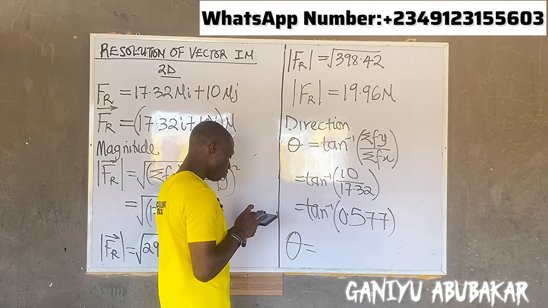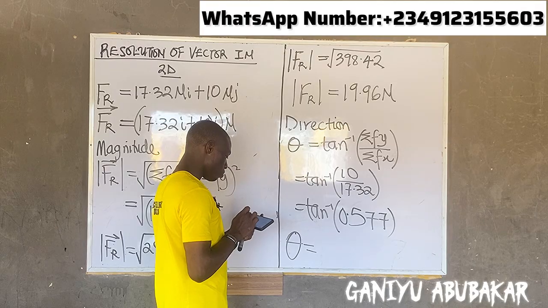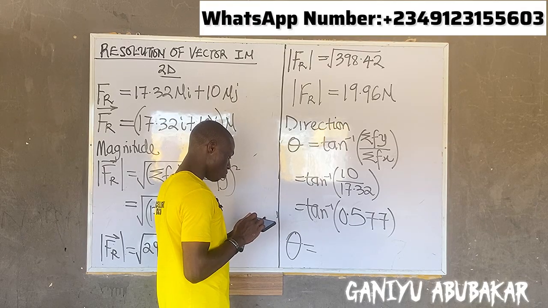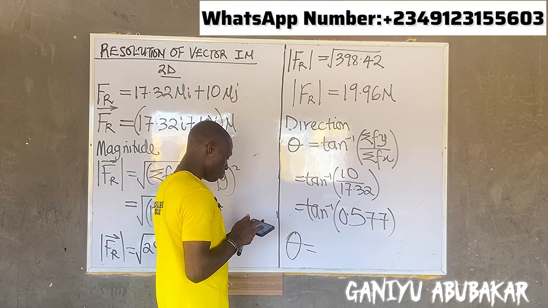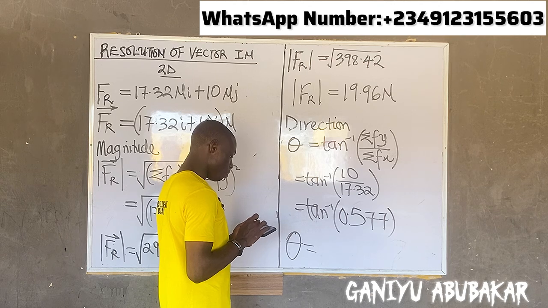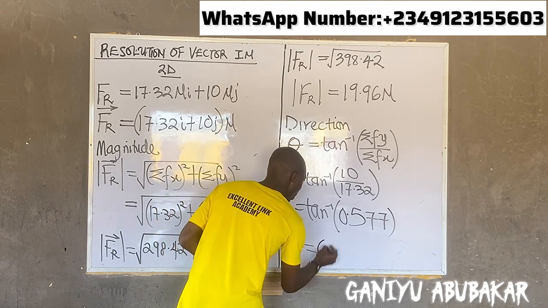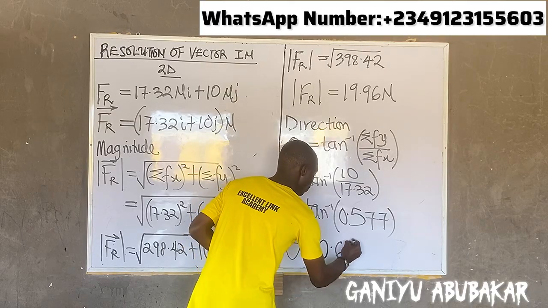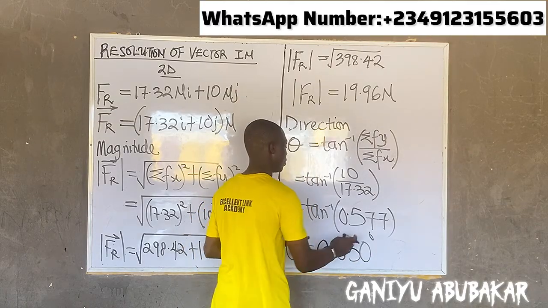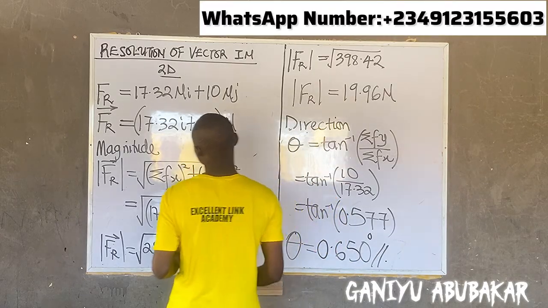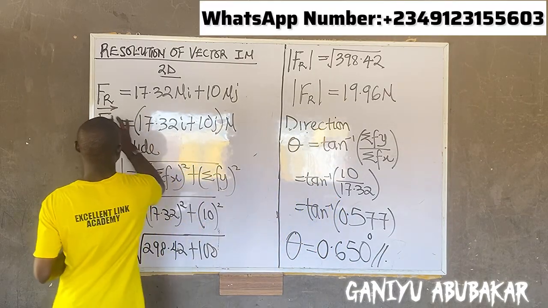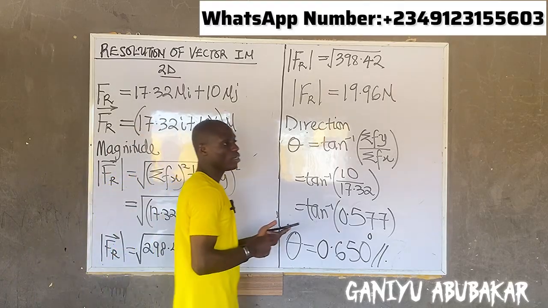So theta is equal to tan inverse of 0.577, which gives about 30 degrees. All right, so this is how you find the direction, the magnitude, and the resultant of this question.